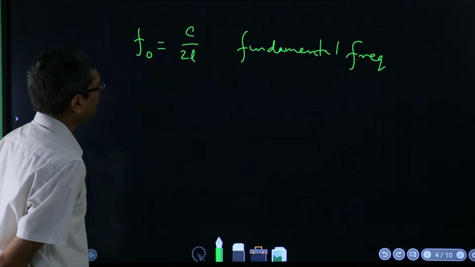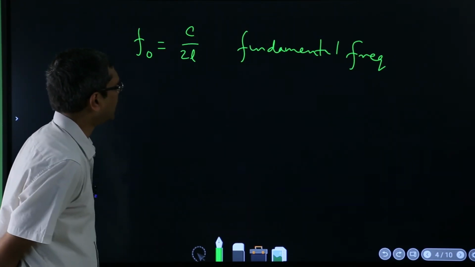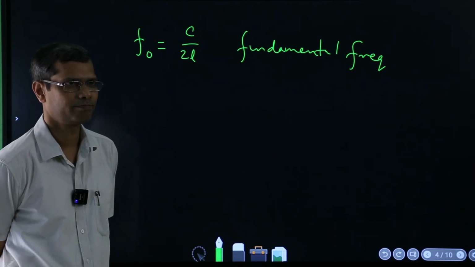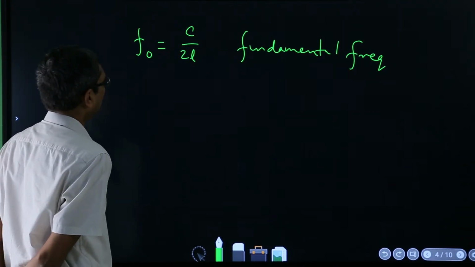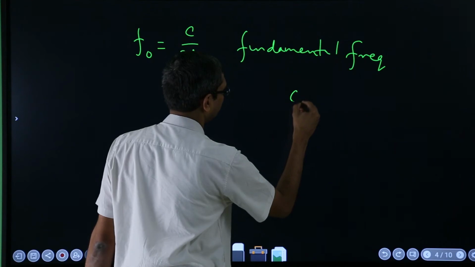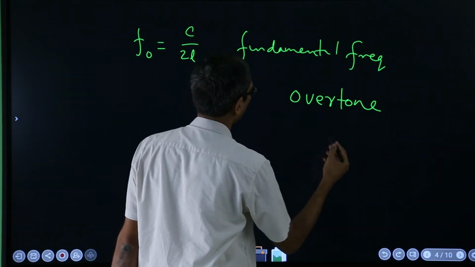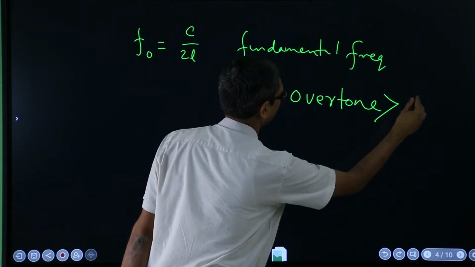And then any frequency over that is called an overtone. Overtones are frequencies greater than f naught.